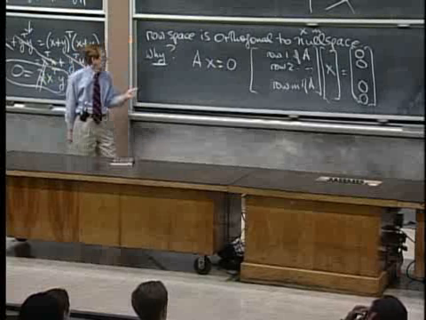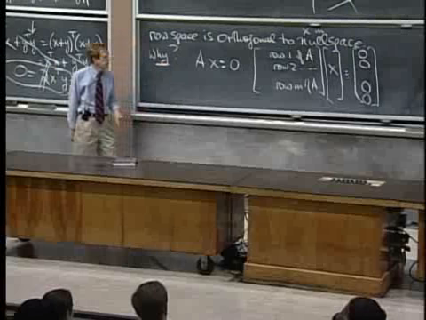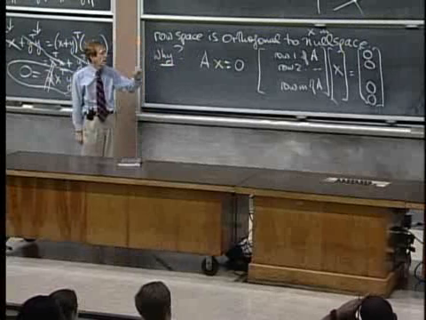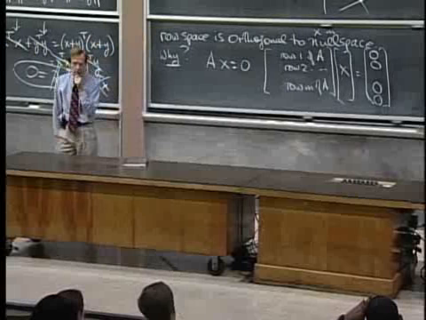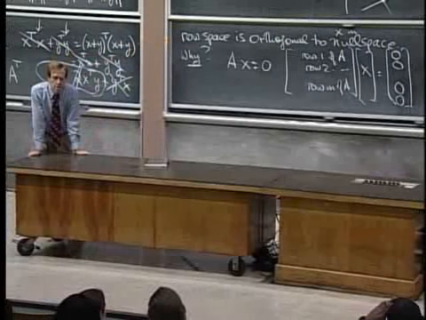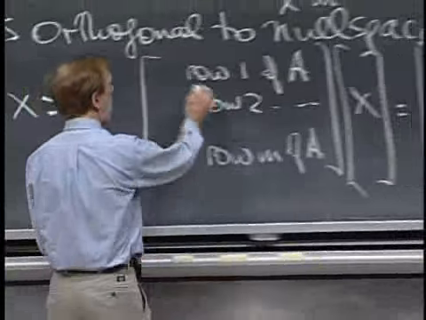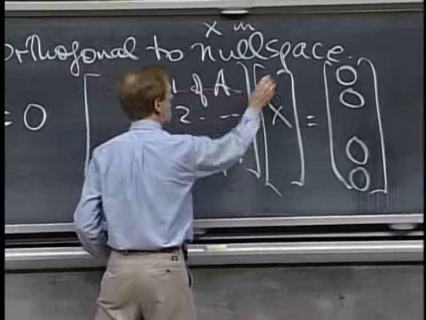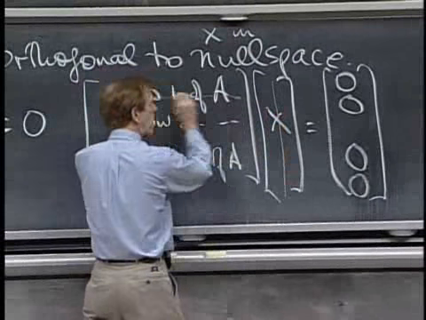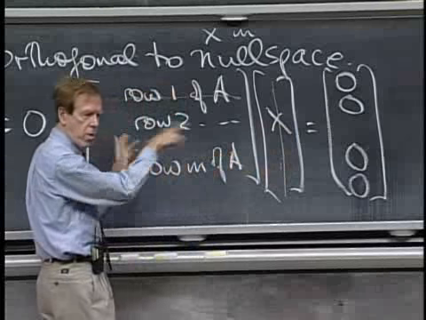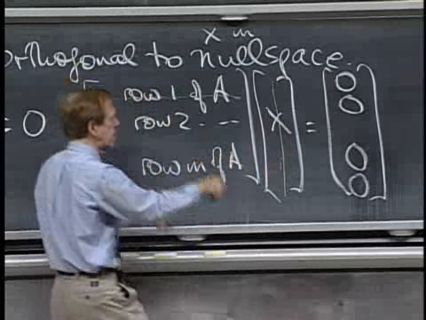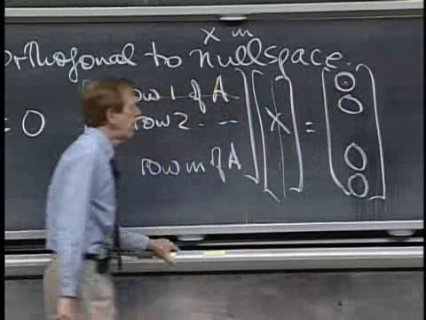So I'm saying that a vector in the row space is perpendicular to this guy x in the null space. And do you see why? Because this equation is telling you that row 1 of A multiplying, that's a dot product, right? Row 1 of A dot product with this x is producing this 0.